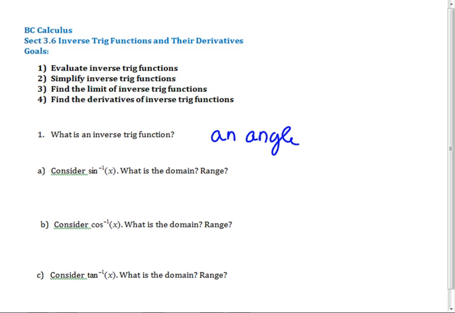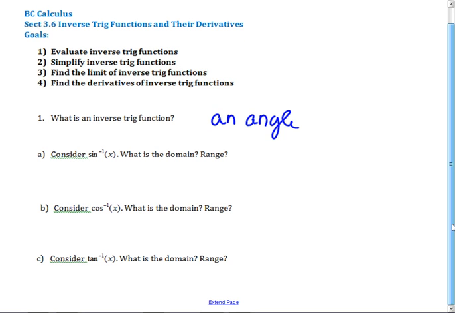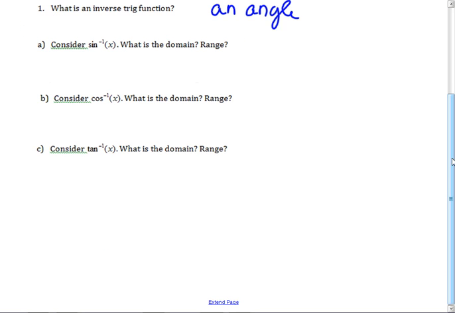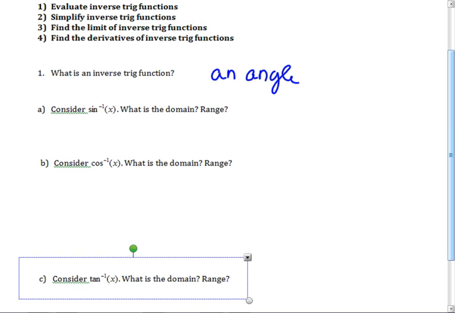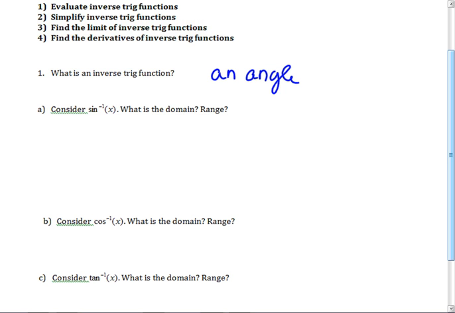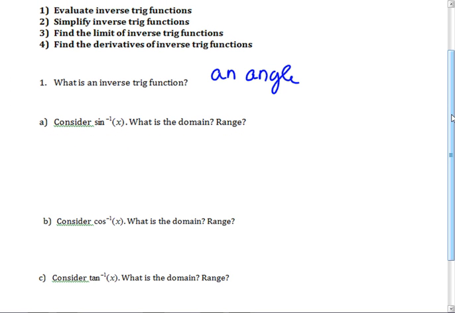Now, I want to look at the inverse sine. And let's first look at the sine function. Maybe this will help.